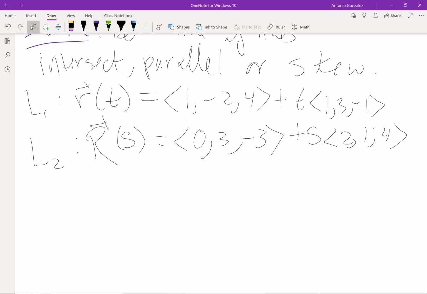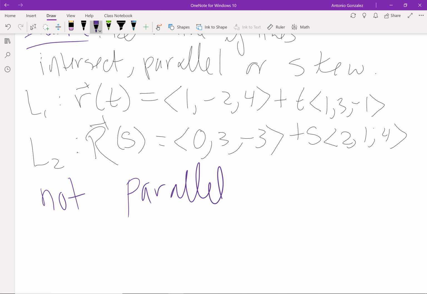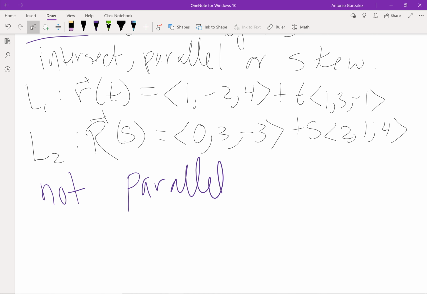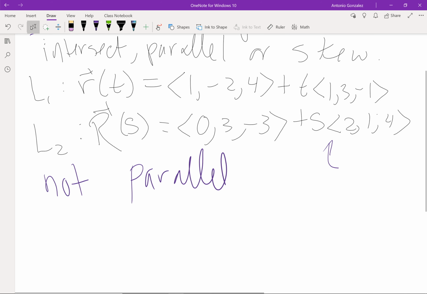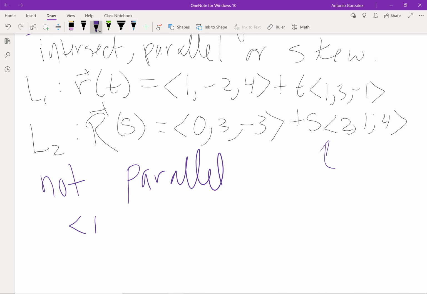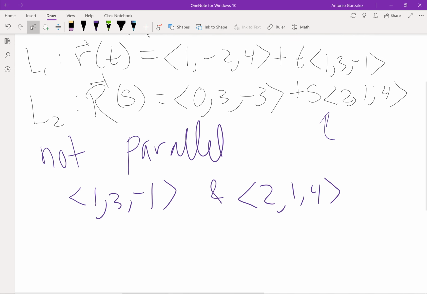So right away we can see that these are not parallel, and the reason is if you look at the direction vectors. Here the direction vectors are <1, 3, -1> and <2, 1, 4>. Those are the two direction vectors, the ones with the parameter in front of them.